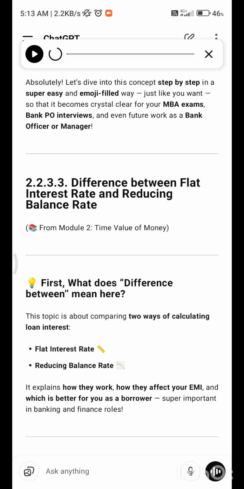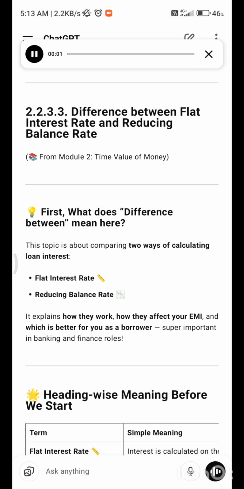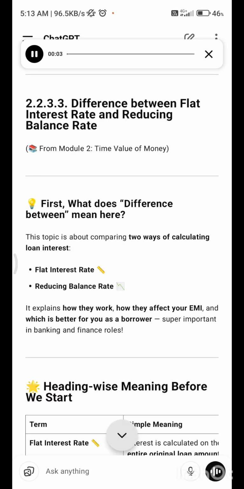Ready? Absolutely. Let's dive into this concept step by step in a super easy and emoji-filled way, so that it becomes crystal clear for your MBA exams, bank PO interviews, and even future work as a bank officer or manager. 2.2.3: Difference between flat interest rate and reducing balance, from Module 2, Time Value of Money.